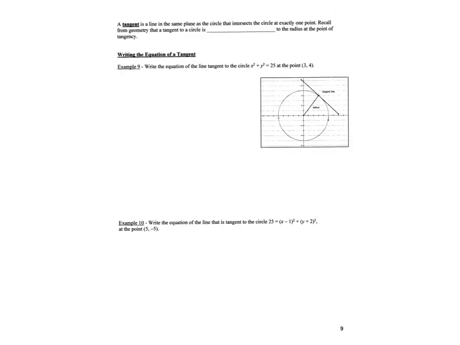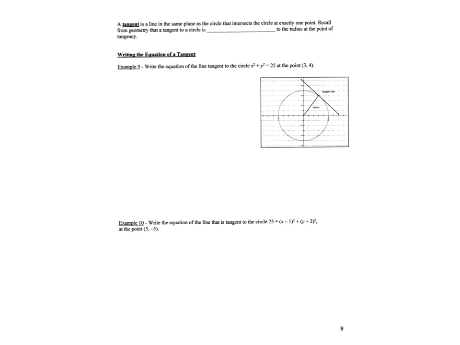We'll end today with one last throwback to geometry, namely to do with tangent lines. So remember, a tangent is a line in the same plane as a circle that intersects the circle at exactly one point. So it just gently kisses the exterior of the circle.